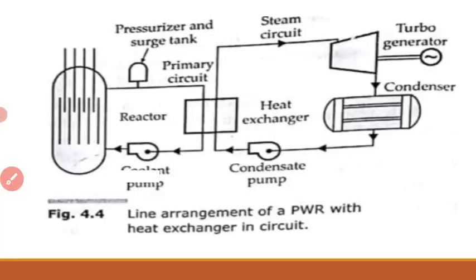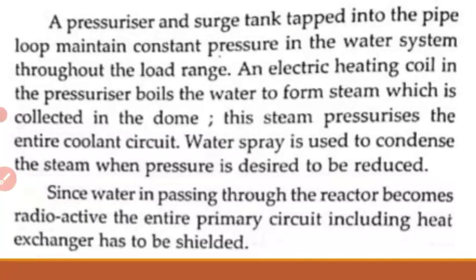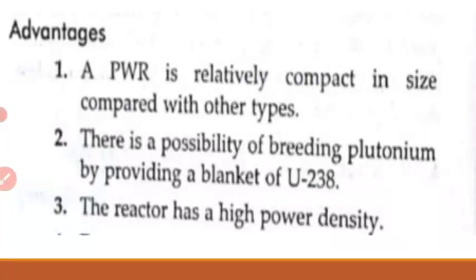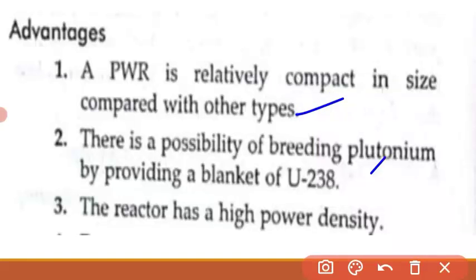Let us look at the advantages. The PWR is relatively compact in size compared with other types. There is a possibility of breeding plutonium by providing a blanket. The reactor has a high power density.